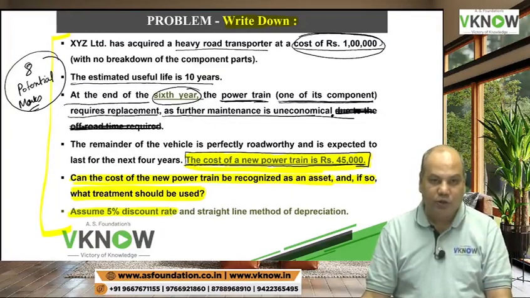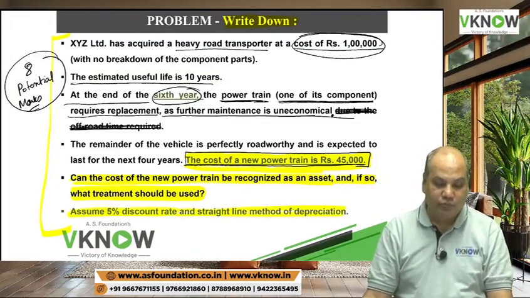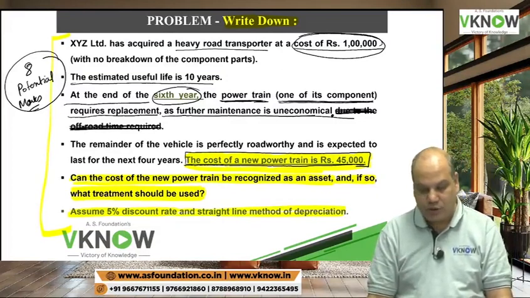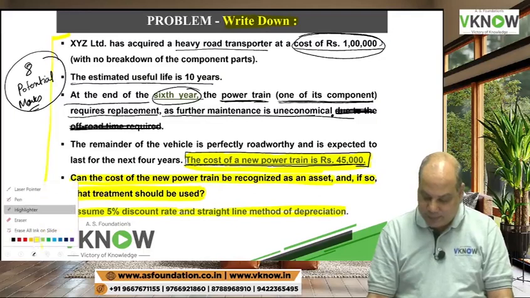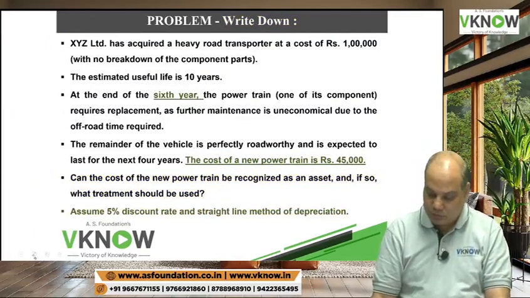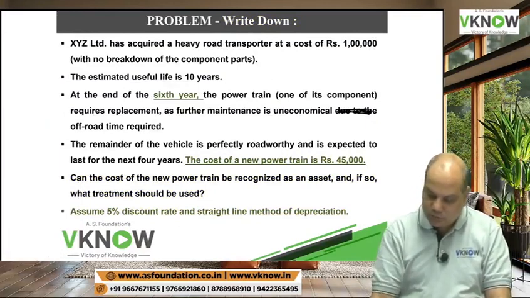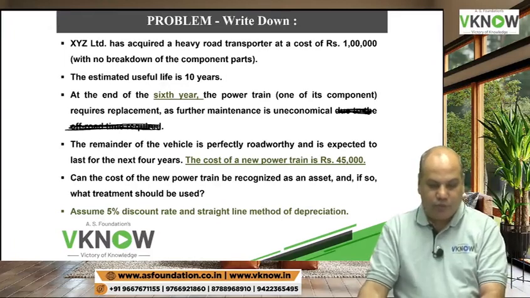Assume 5% discount rate and straight line method of depreciation. I hope all of you have noted the question. Just note down this question. This you will not find in your book.